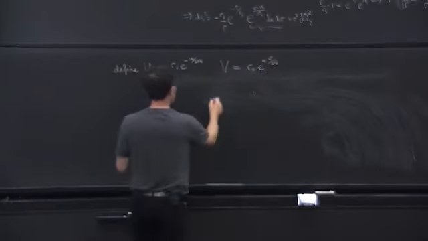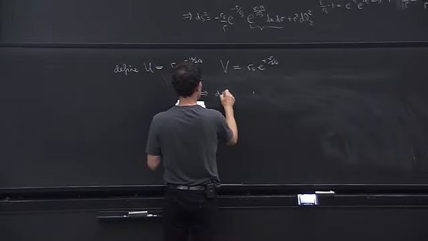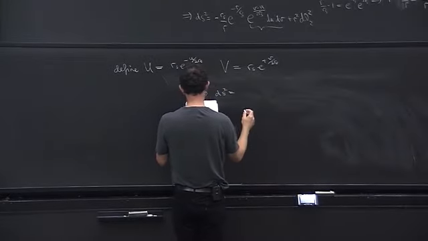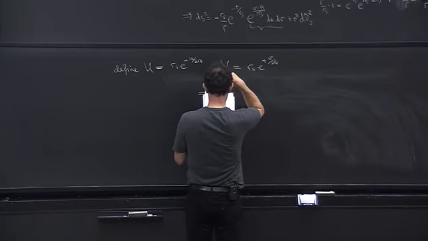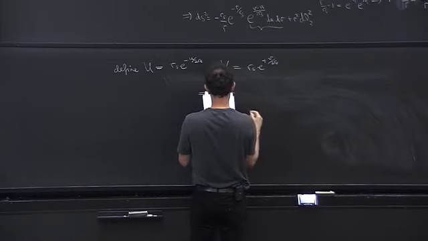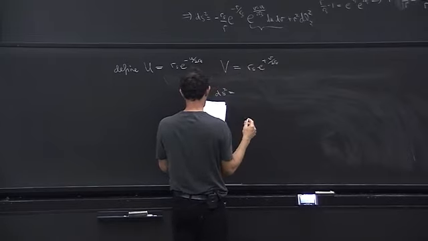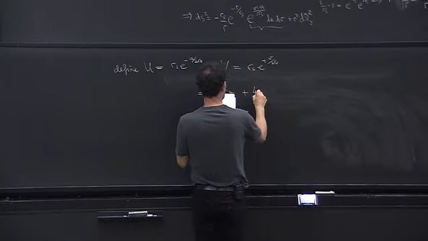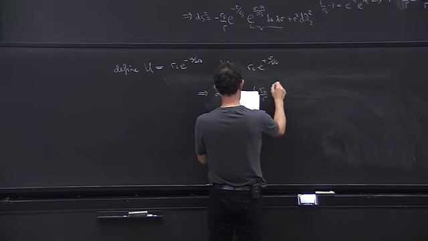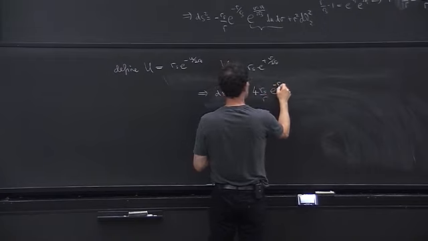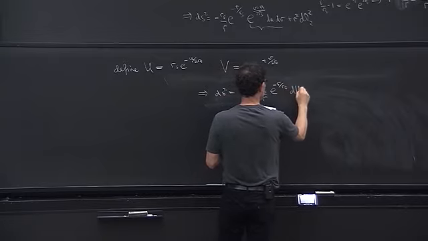Okay, and in terms of these coordinates, ds squared is equal to plus 4 rs over r e to the minus r over rs dU dV.